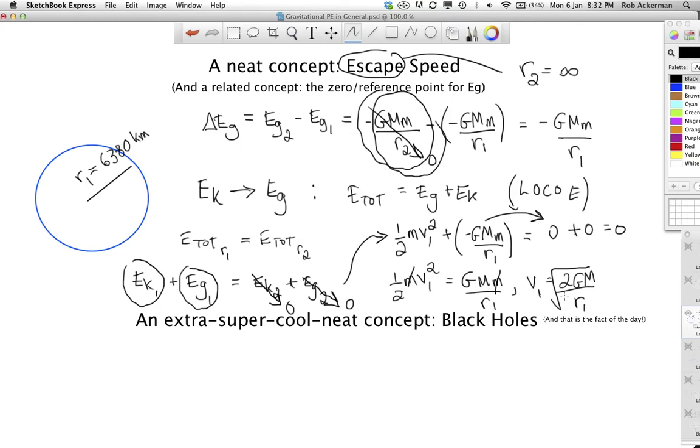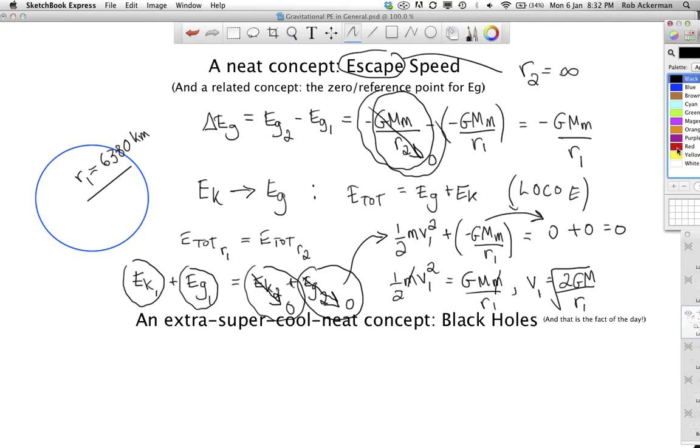This gives you the escape speed, the speed something needs to be moving at the surface or very near the surface of the planet in order to get infinitely far away, where Eg is 0, and also, like the marathon runner, basically just collapse and have no speed at the end. Of course, if we could give it more energy and it could be going faster when it got to where it was going, great. We'd be able to cruise around and enjoy ourselves. But to escape, this is the minimum.